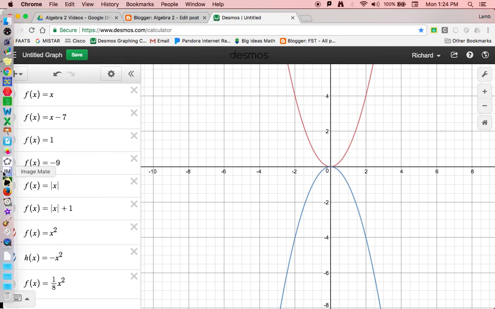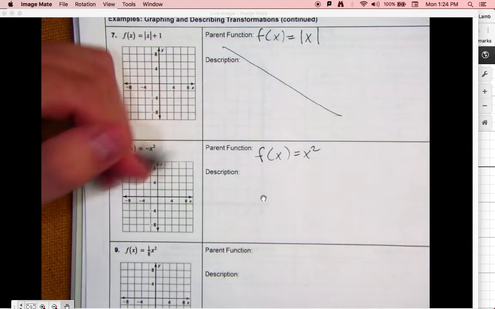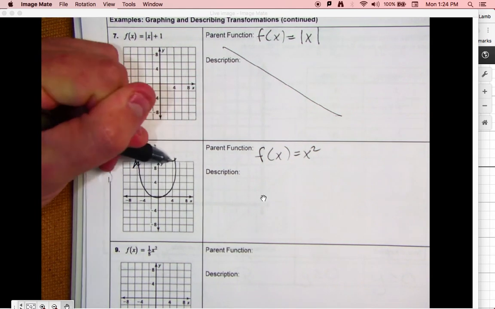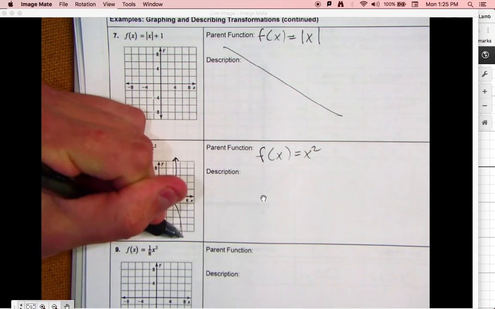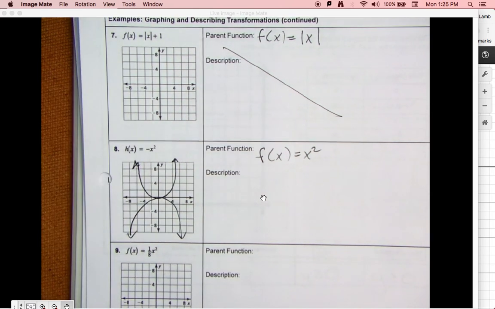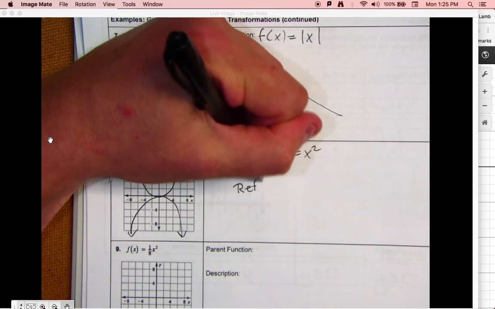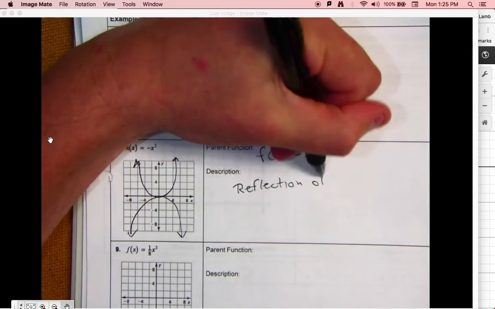All right, so how will we describe that? Let's graph it first. I'm going to draw a rough sketch like that, obviously not perfect, and then we'll do that one back there. What do we have here? This is a case where we have reflection. What are we reflecting?